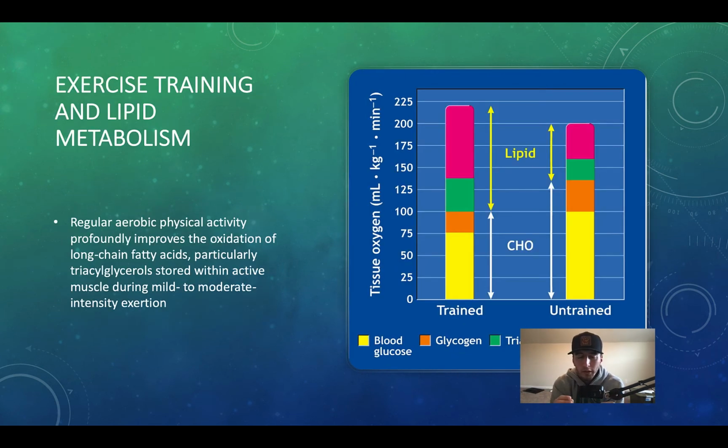If you look at this graph, you can probably explain why this happens, right? It is technically a bar chart, right? If you look at this figure, you can explain why this probably happens already based off of what we talked about. Why would untrained and trained individuals have significant differences in their ability to burn fats? And why can they actually burn higher levels of macronutrients to get greater levels of energy?